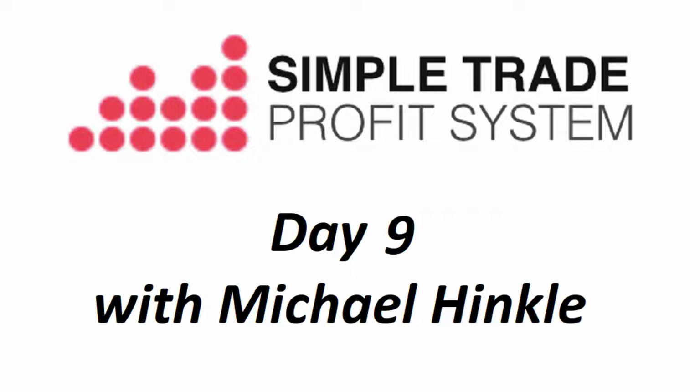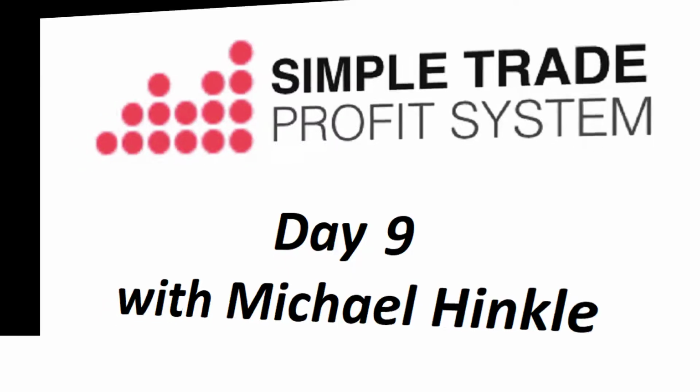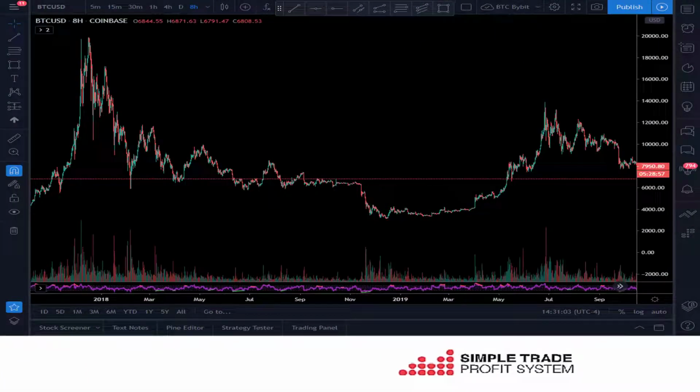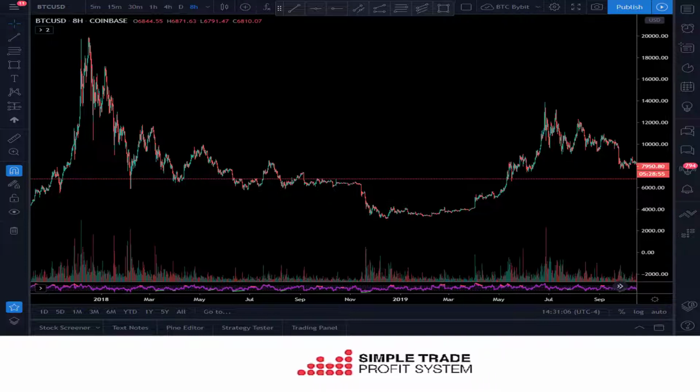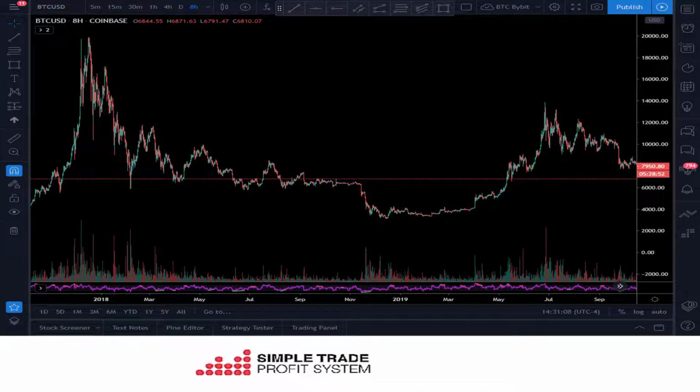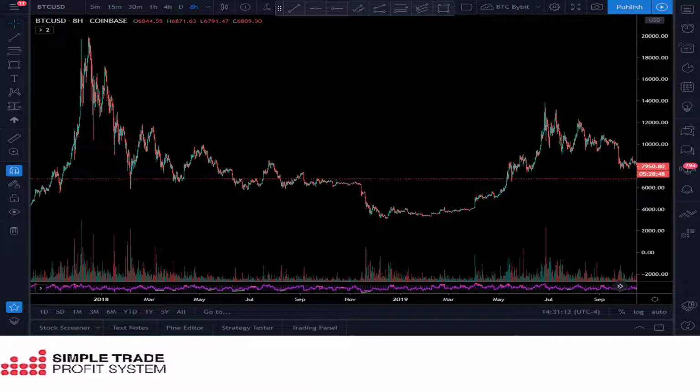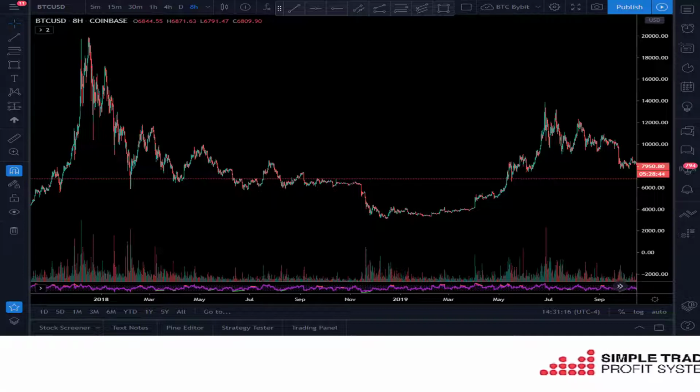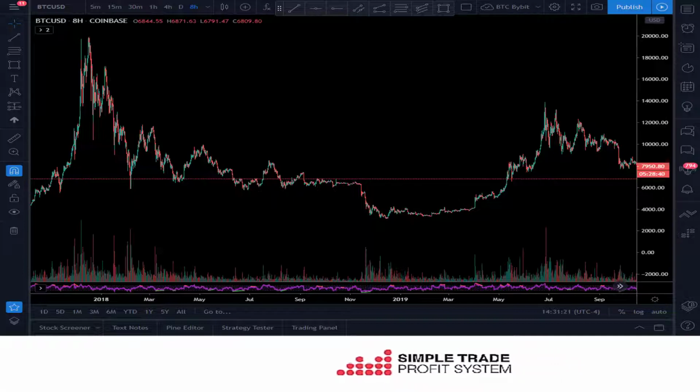The same with sellers. Price gets up to a certain point, then it drops down. Based on that history, we can assume that if price gets up there again, people all over the world are going to want to sell again, like they did in times past. Remember, selling is going to cause it to go down, buying is going to cause it to go up.